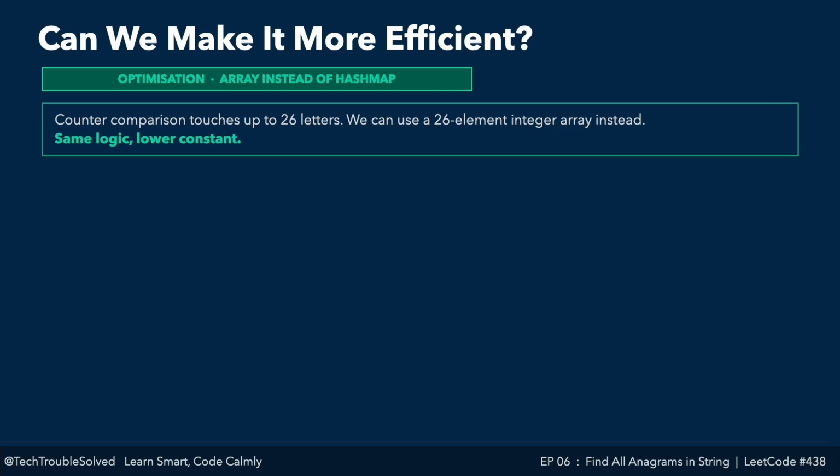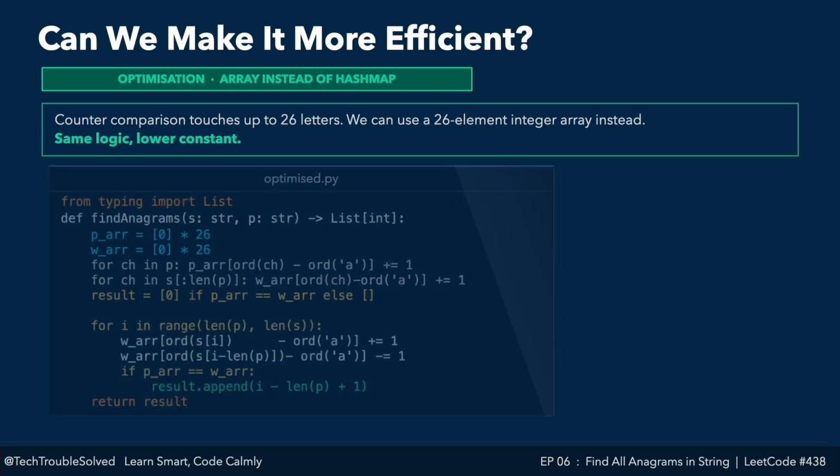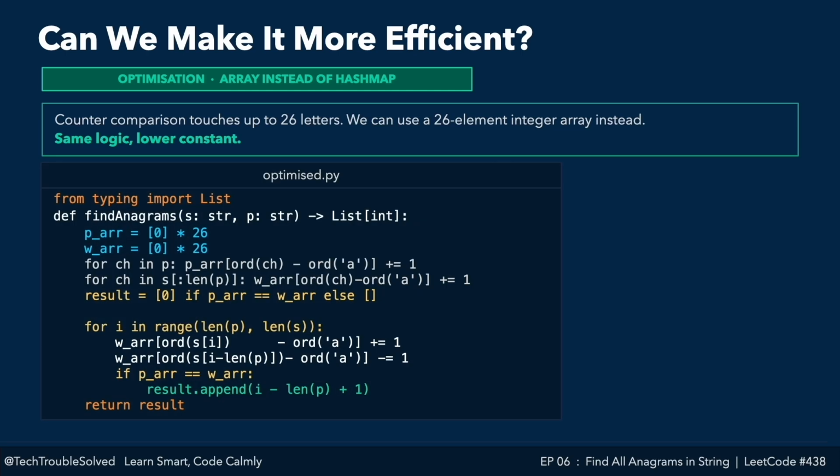A plain integer array of size 26 does the same job with less overhead. Same logic as before. Instead of Counter, two arrays of 26 zeros, p_arr and w_arr. One slot per letter. The slide, the increment, the decrement, the comparison, identical to the counter version. You are just comparing two lists instead of two dictionaries.